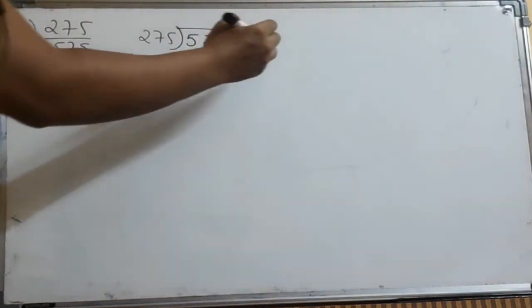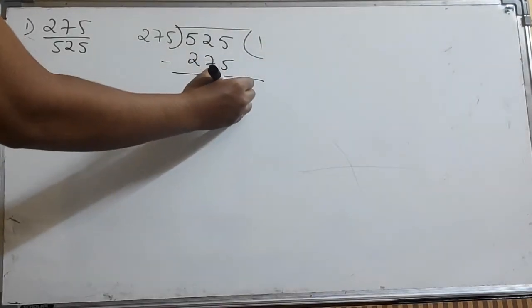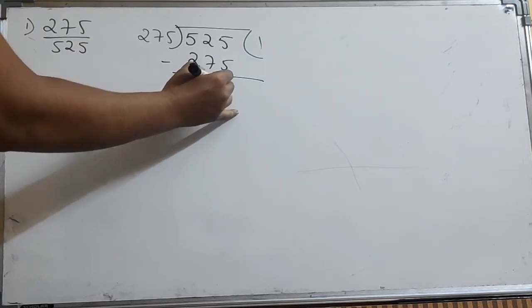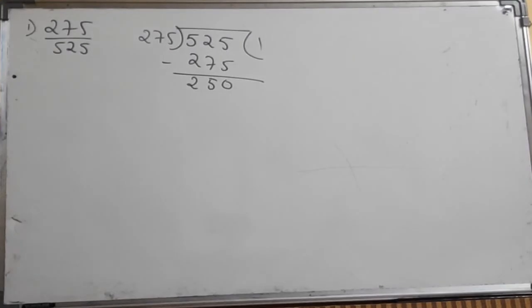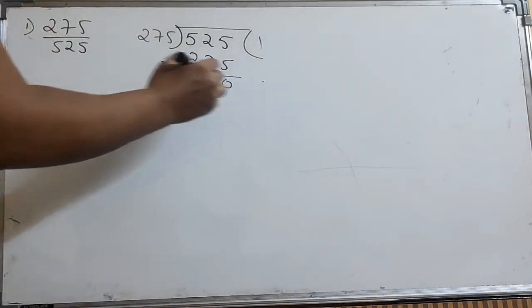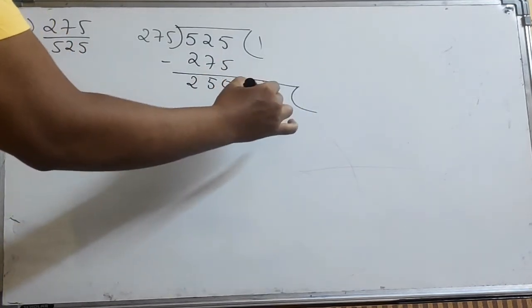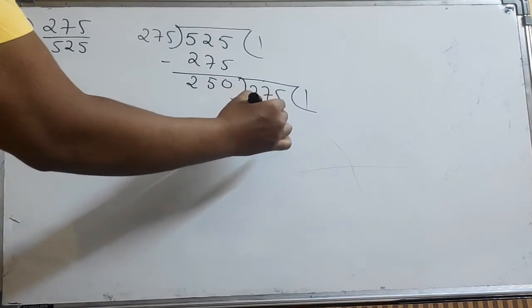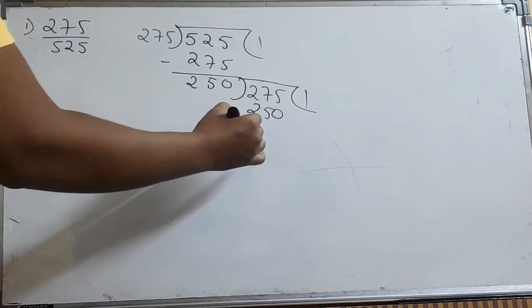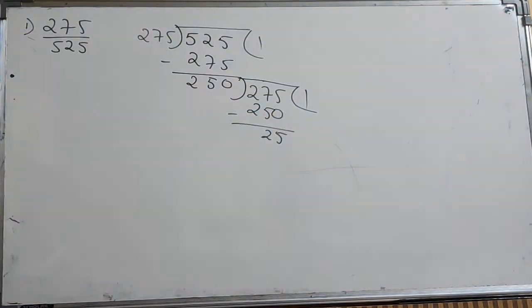Now 275 ones are 275, minus, 250. Now what I'm going to do, I'm going to divide 275 by 250. 250 ones are 250. So this becomes 25.